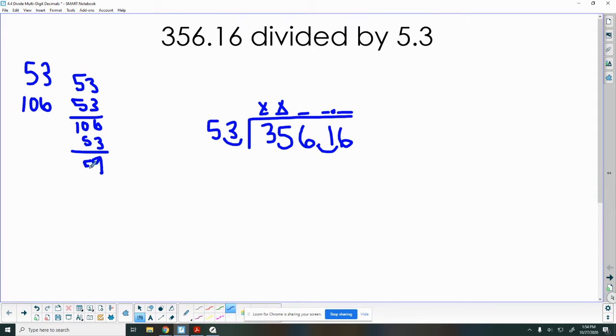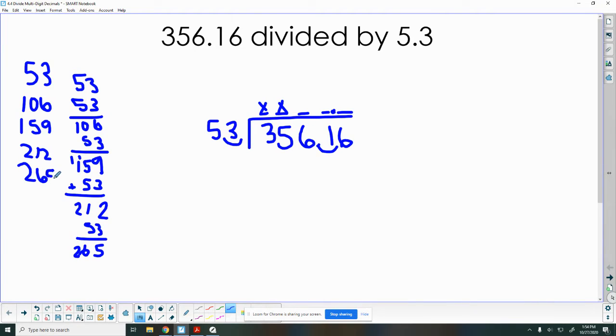So here's 159. 53 more is 212, getting closer into the 200s now. 53 more makes 265. 53 more.